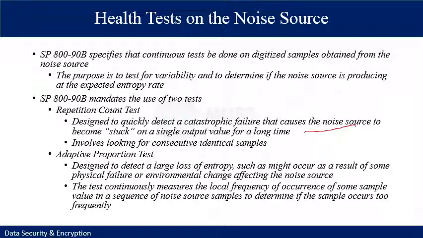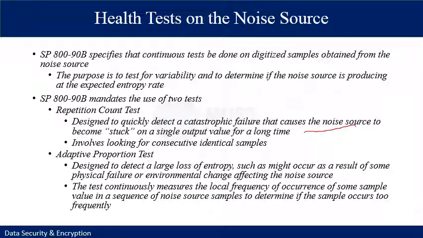If the counter reaches a cutoff value, that means the number of repeated values exceeds a specified threshold, and the test fails. If a sample value is encountered that differs from the preceding sample, then the counter is reset to 1 and the algorithm starts over.